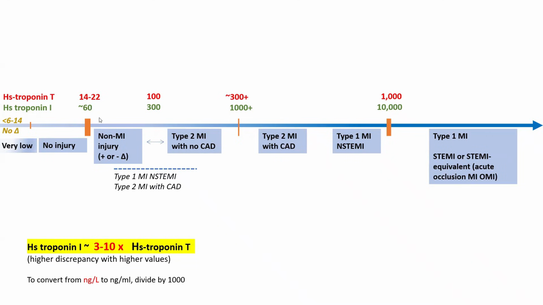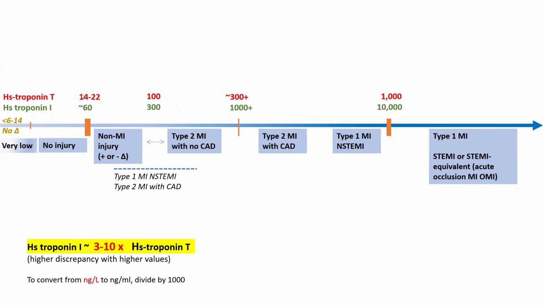Because troponin I has a 3 to 10 times higher value than troponin T. And the higher the troponin and the bigger the injury, the bigger the discrepancy. It can become 10 times higher, the troponin I compared to troponin T at higher troponin values.